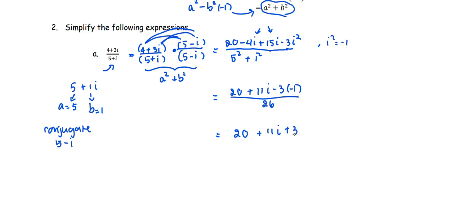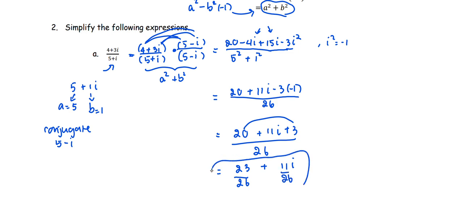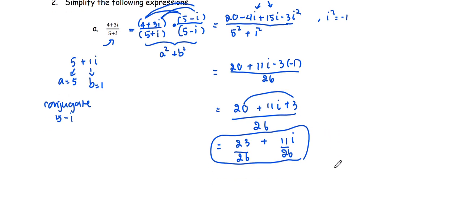Now we get 20 plus 11i plus 3, all divided by 26, which is the real parts combined to be 23, plus the imaginary term 11i, divided by the denominator 26. So we get the standard form of the complex number for part A.